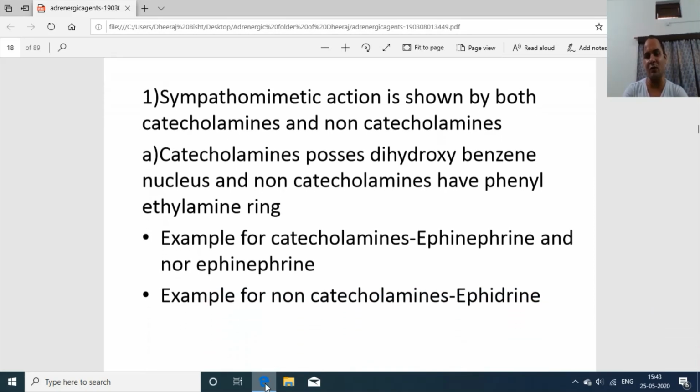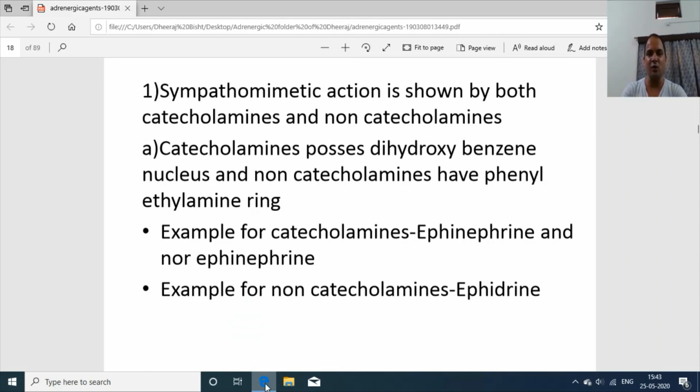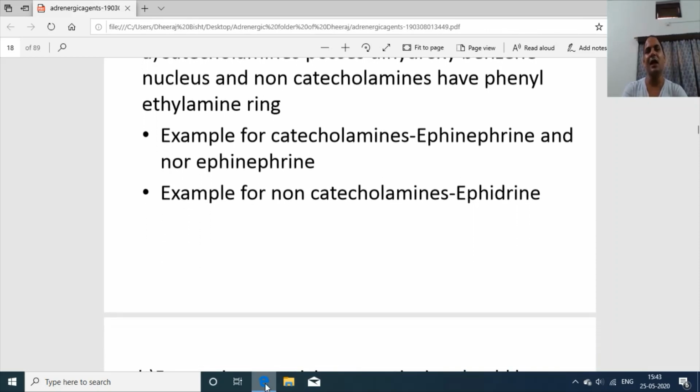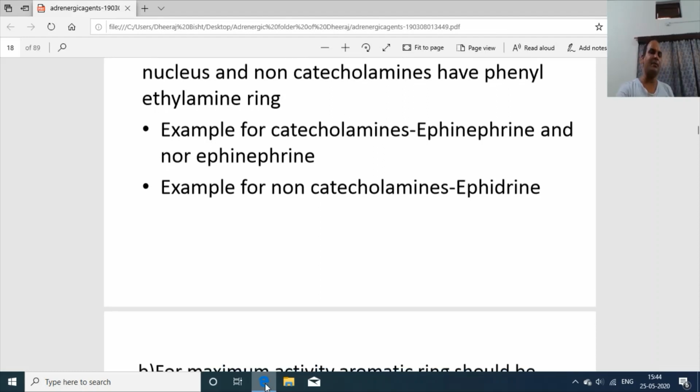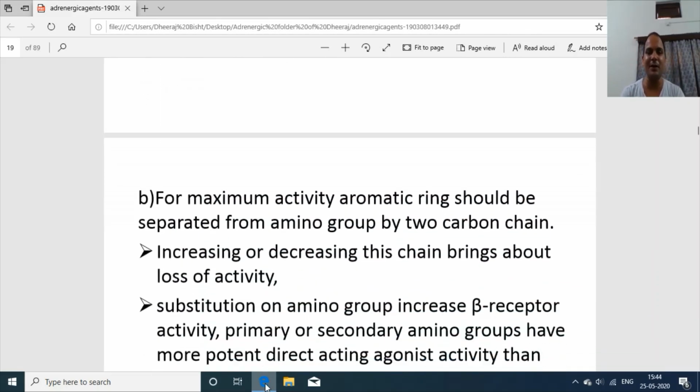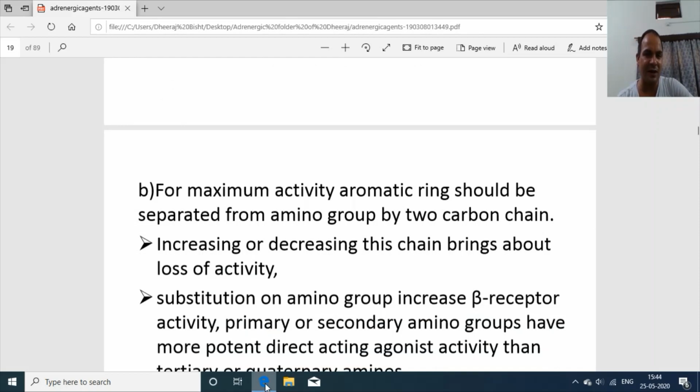Second point, catecholamines possess a dihydroxybenzene nucleus and non-catecholamines have a phenylethylamine ring. Examples for catecholamines are epinephrine and norepinephrine, and an example for non-catecholamines is ephedrine. Next point, for maximum activity, the aromatic ring should be separated from the amino group by a 2-carbon chain.